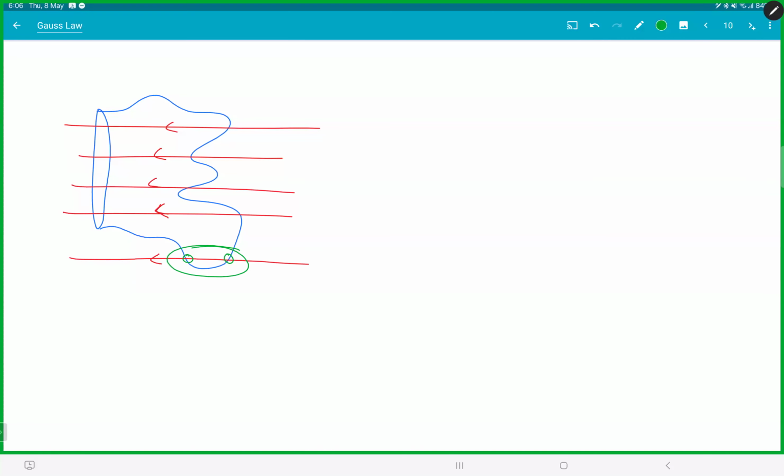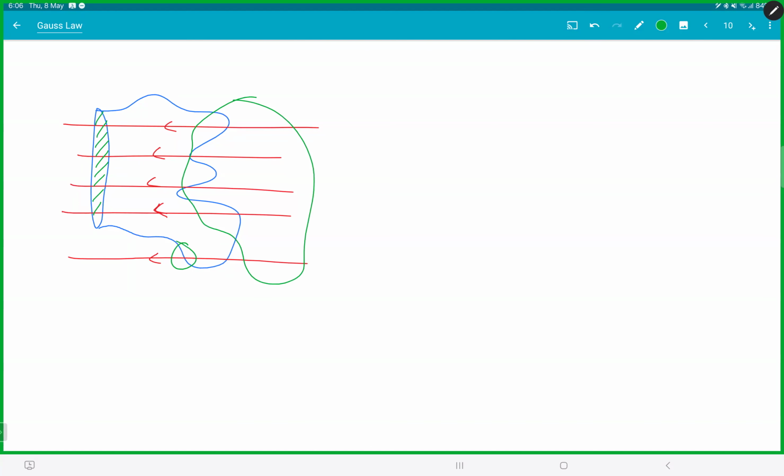That line isn't useless. You entered and you left. So can I simply say the number of lines entering the curved surface is equal to the number of lines leaving the disk? There are 5 entering, 1 is leaving here, and the remaining 4 are leaving here. So the total flux entering the curved surface is equal to the total flux leaving from the disk.